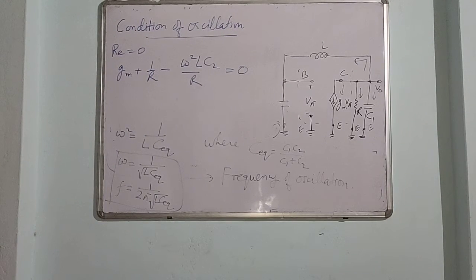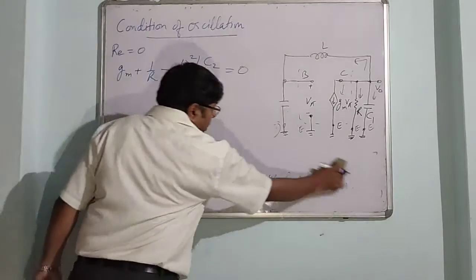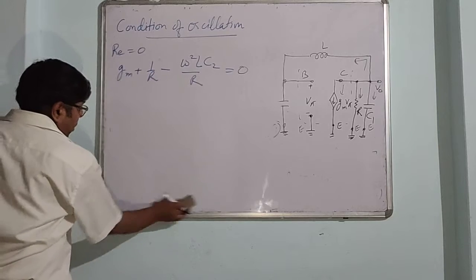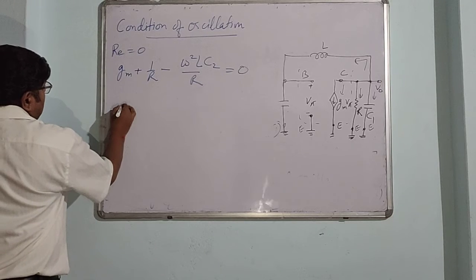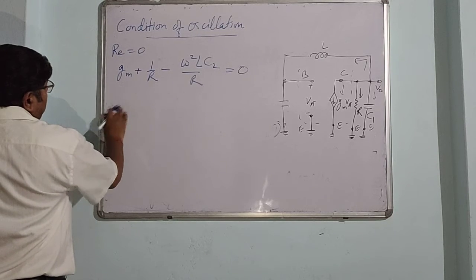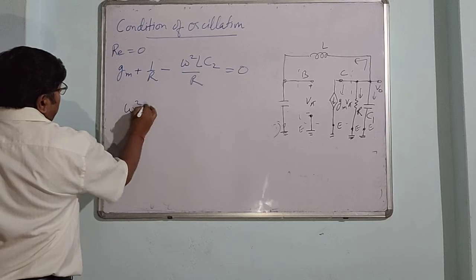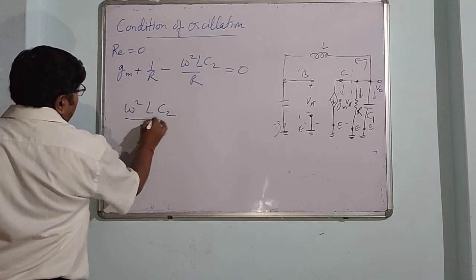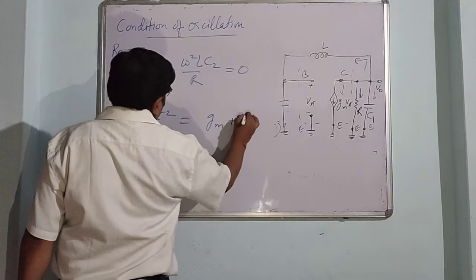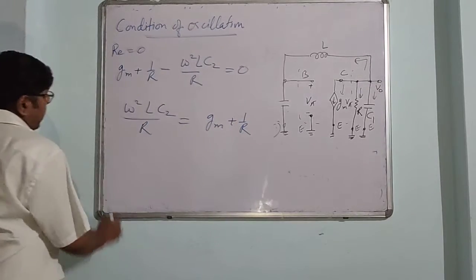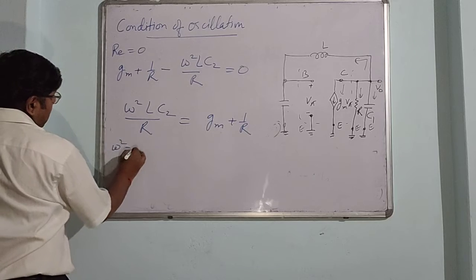So from here you can write, replace the value of omega square. So omega square Lc2 upon R is equal to Gm plus 1 upon R. And what is the value of omega square?